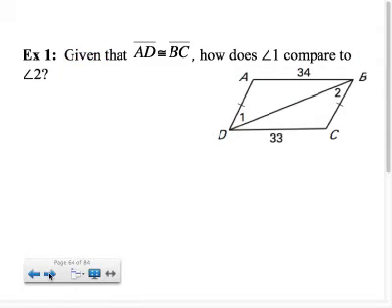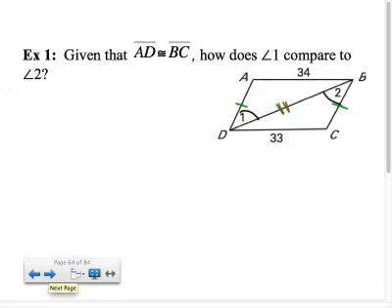Example 1 says, given that AD is congruent to BC, how does angle 1 compare to angle 2? First of all, you should see the reflexive property quickly. So now I have one congruent side, two congruent sides. Now if I look at the included angles, here's angle 1, here's angle 2. Those are the angles between the congruent sides.